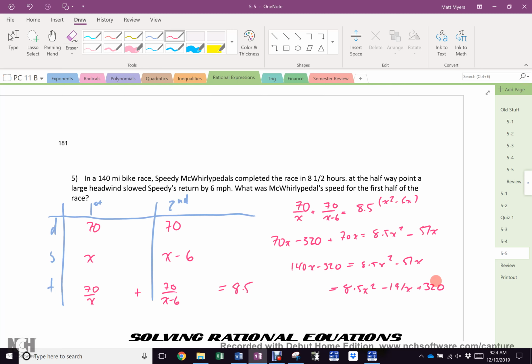I don't even know what I just did. So I got 20.6 and 1.8.